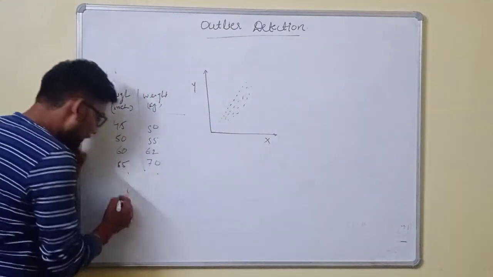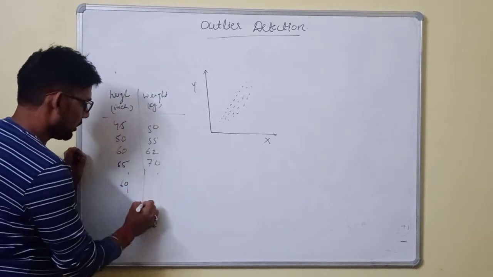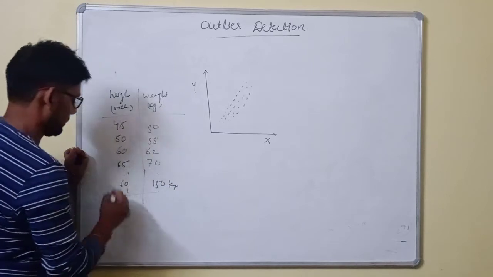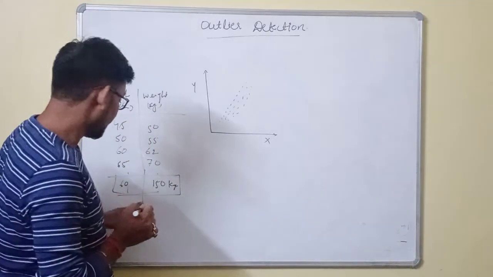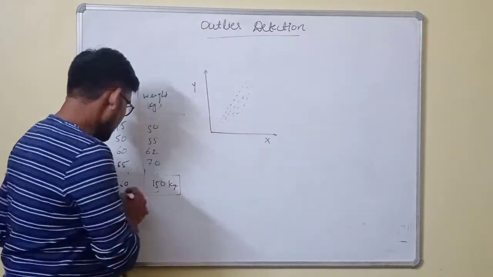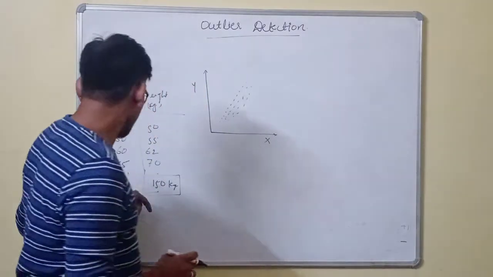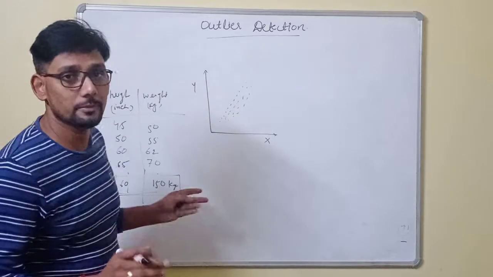So, what happens if a person has a 60-inch height with a weight of 150 kg? Is it possible? No, practically not possible, right? A person with 60 inches means 5 feet height, and a person having 150 kg weight, it's really not possible, right?